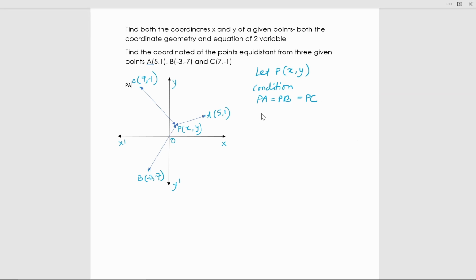So let's break the whole problem step by step. Step 1, we need to find the length of each of the sides PA, PB, PC using the distance formula.